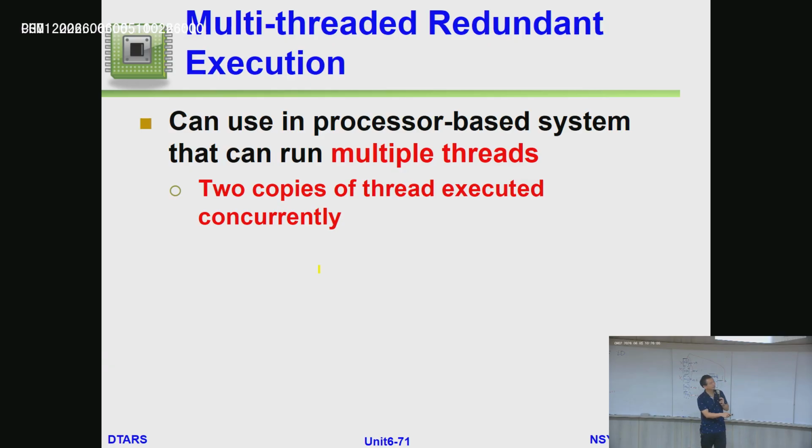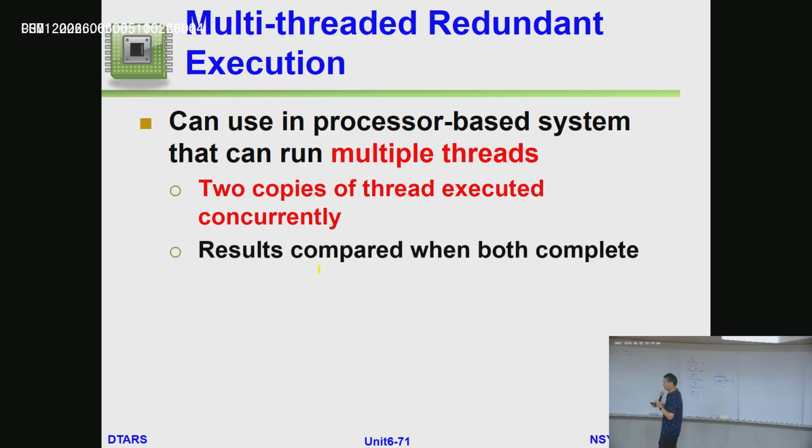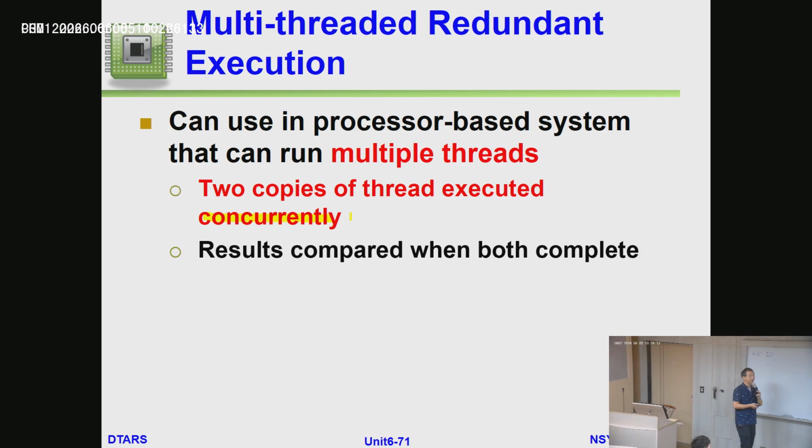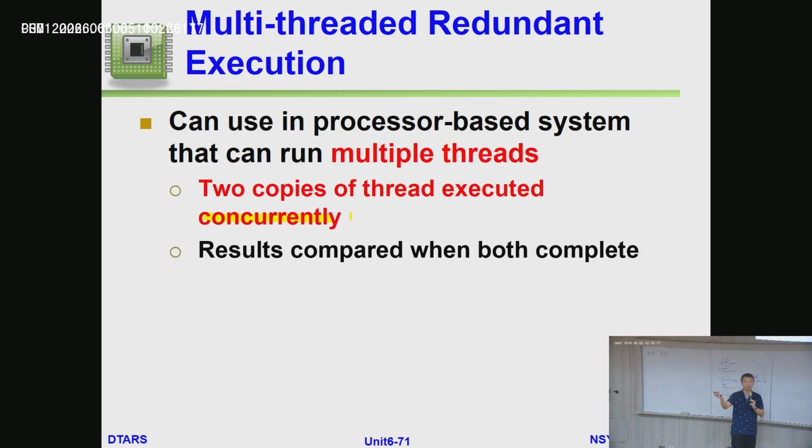So this involves two copies of the thread executed. The keyword here is concurrently. This is an easy idea: if you think your time penalty, your time cost, is too much, maybe you can consider using some parallel processing. So you can use threads in the CPU that already exist for you.